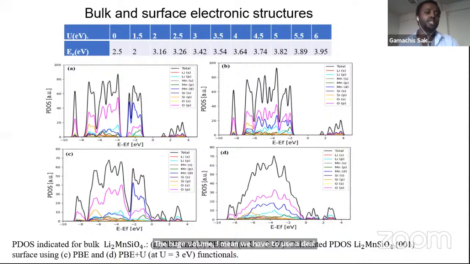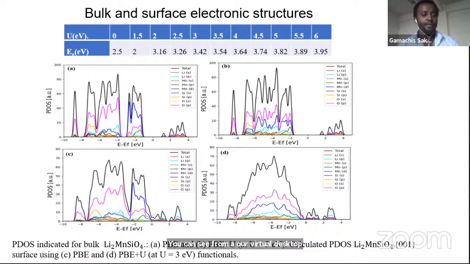In order to do this, we calculated the band gap of the material as a function of the U parameter. So we fixed it at 3 electron volts, at which our calculated band gap is 3.42. You can see from A, our partial density of states.